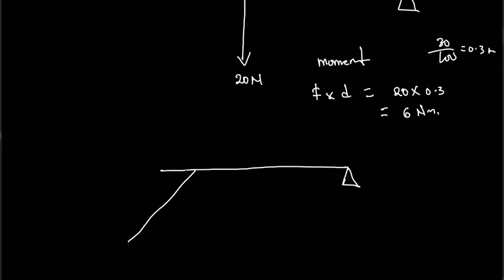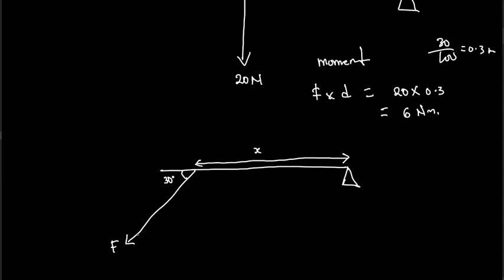So let's say this force is acting at an angle of 30 degrees to this distance x. Let's call the distance x, and let's call the force F. You are asked to calculate the moment of this force about this turning point. How do you go about it?